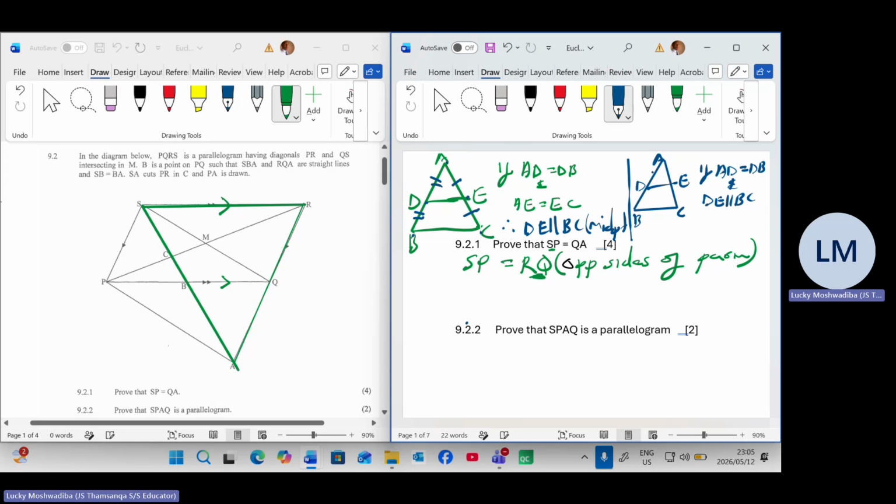In the second scenario, we are given that AD is equal to DB and that DE is parallel to BC. Then we can draw a conclusion that AE will equal EC. Again, the reason here will be the midpoint theorem.